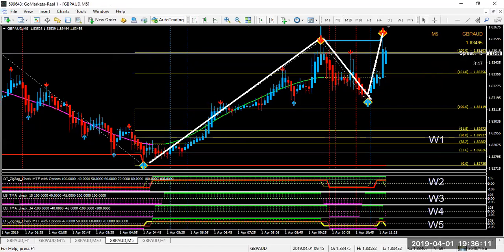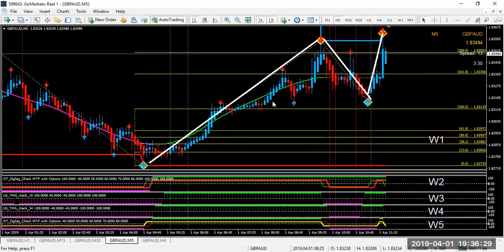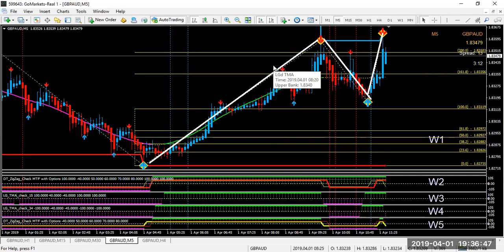There was one other little one. Okay, river center line. Threshold is changed from 0.3 to 0.2. That is just to make it a little bit more sensitive, so if the slope is higher than 20% upwards, it'll display green, and pink down.